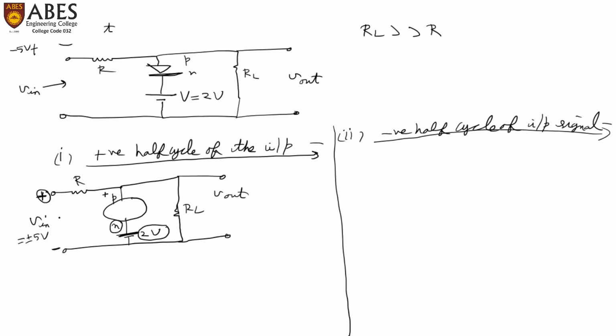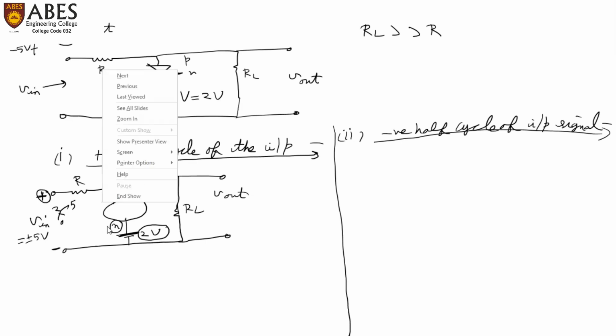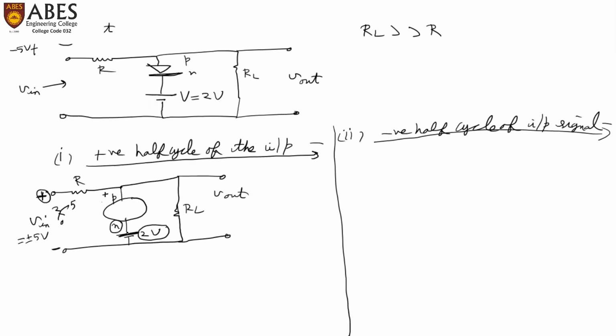But as this potential increases from 0 to 5 volt, until it reaches 2 volt, the potential at the P terminal is less in comparison to the potential at the N terminal, which is already at 2 volt. So that is why we say that from 0 to 2 volt of V in, the diode is reverse biased.